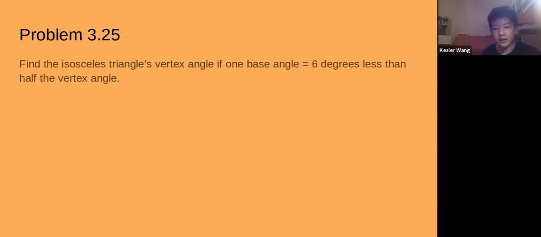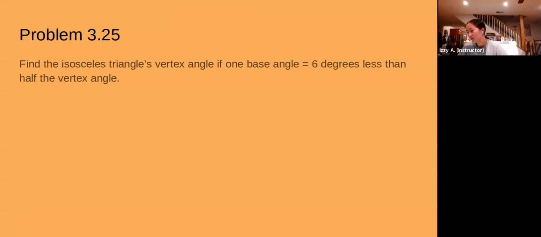Is there an image or no? No, there is no image for this one, but we're talking about an isosceles triangle, and if you recall, the base angle is one of the two congruent angles. So if you could come up with a formula for the base angle, then you can solve for x.